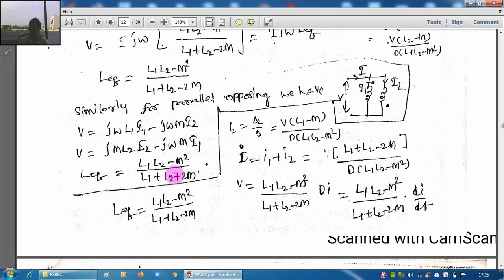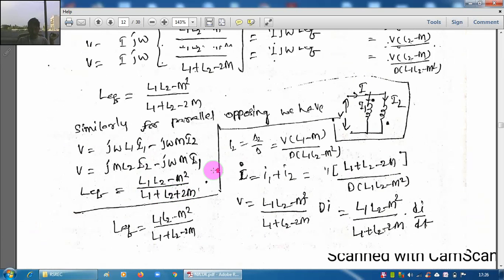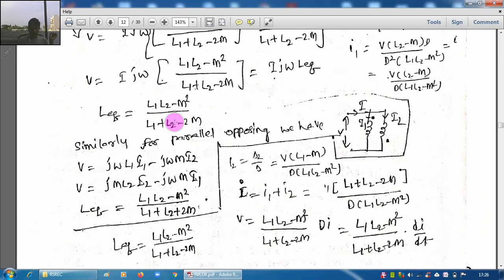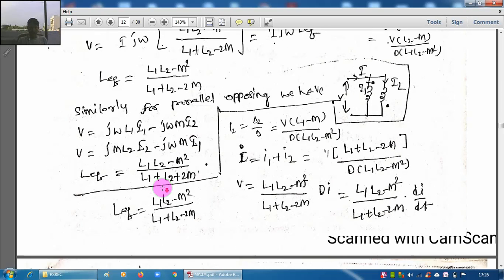We will get plus 2M in the denominator. For parallel opposing we will get L1 plus L2 plus 2M, and for parallel aiding we will get minus 2M. That is the only difference. We can derive that also easily. So that is the case of parallel connection.